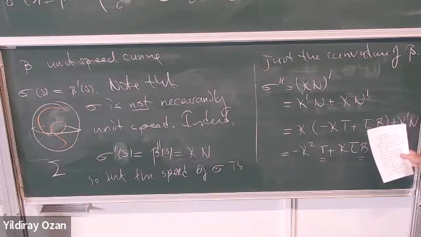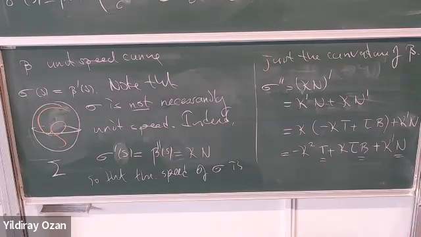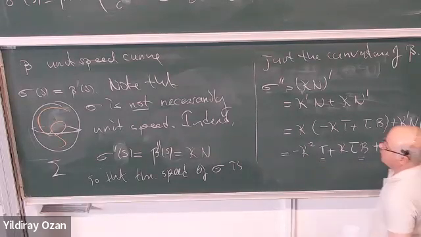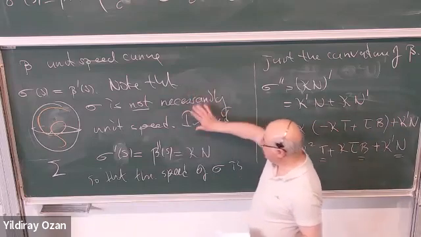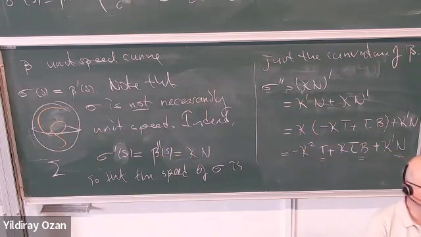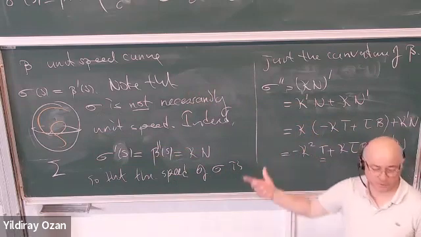And from this, we can compute the following. Let me switch to this board. Let me first erase it. This is not a unit speed curve, therefore to compute its geometric objects like curvature and torsion, I am using the previous theorem, right?